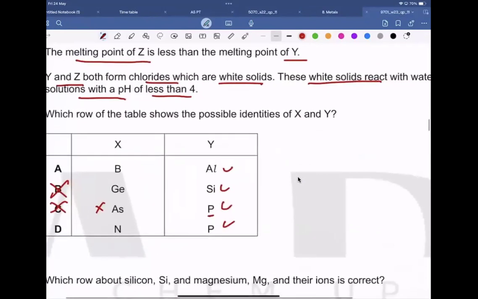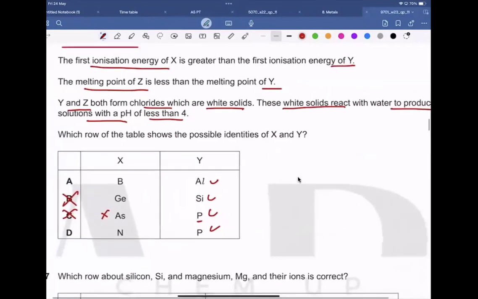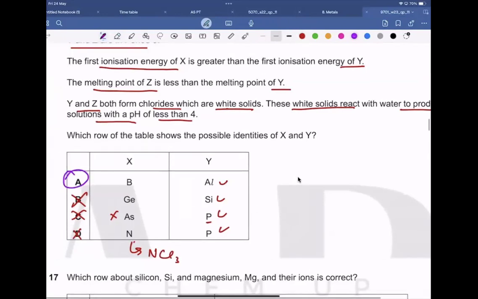Okay. And for this, NCl3 is not a solid. If there is NCl3 it would form, but we didn't study nitrogen chloride, so that's why D cannot be an answer. So we are left with only option A. So A goes correct.